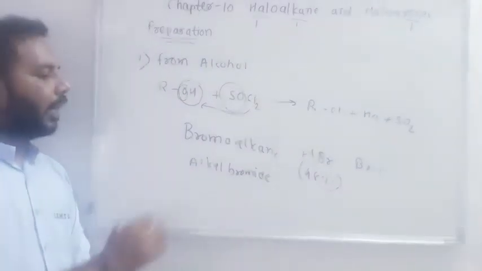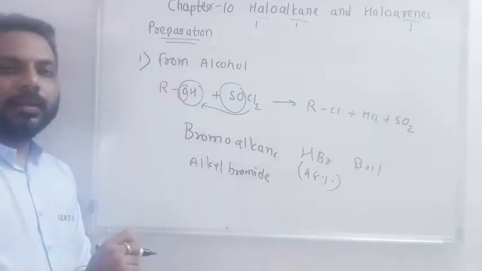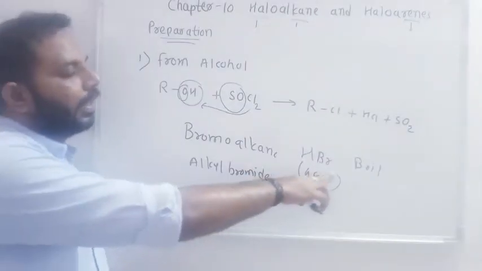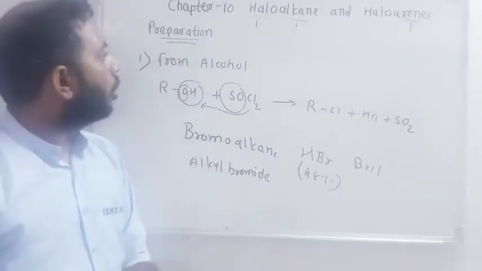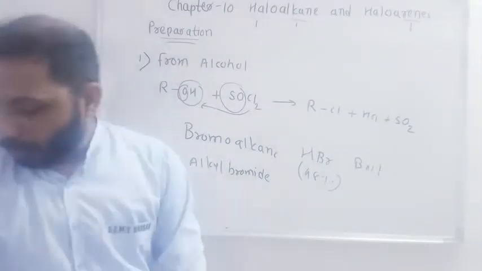So for getting bromoalkane or alkyl bromide, we need HBr and we need to boil the reaction mixture. Okay, so these are all preparation of haloalkane from alcohol. Now we'll discuss preparation of haloalkane from hydrocarbon. So next preparation is preparation from hydrocarbon.